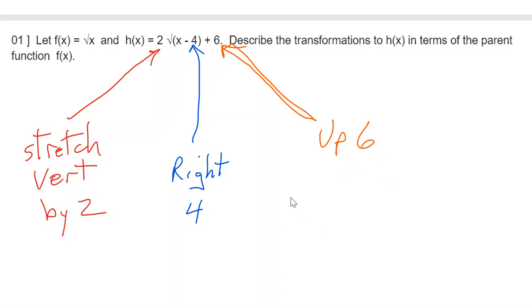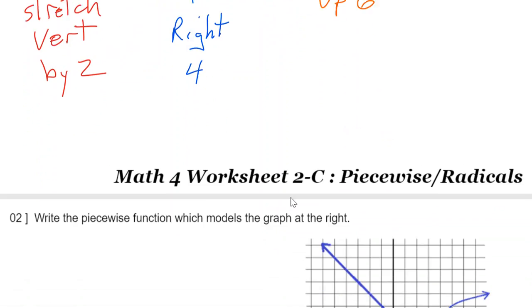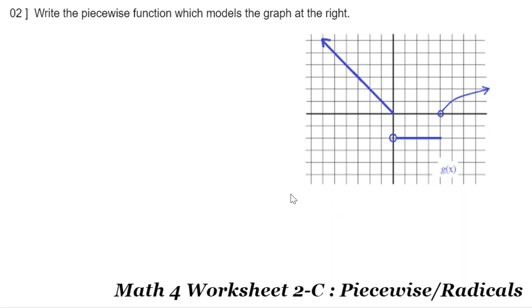Describe the transformations in terms of the parent. I will note that there were a number of you that missed a problem somewhat like that, because when I gave you the first function, it wasn't a parent function. It was like square root of x and then plus 1. And a lot of y'all forgot to take into consideration that there is something extra already happening to it, and then I'm going to transform it on top of that.